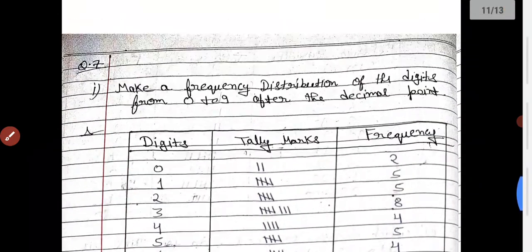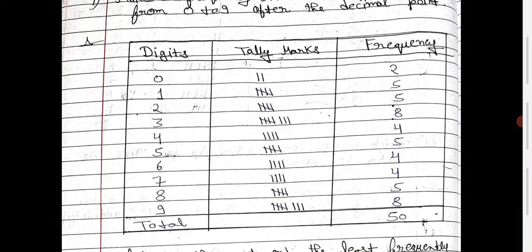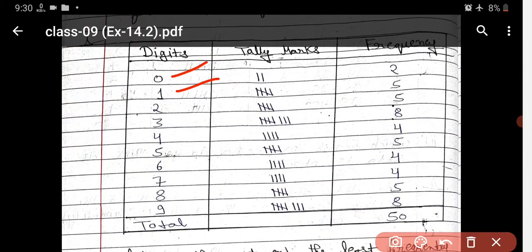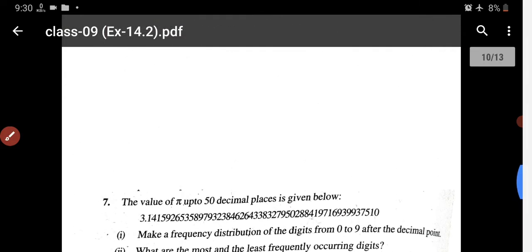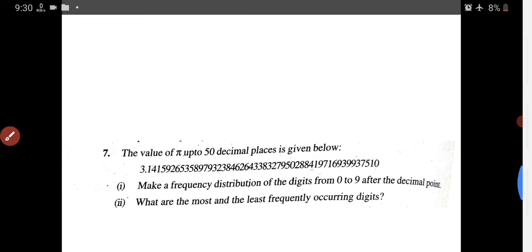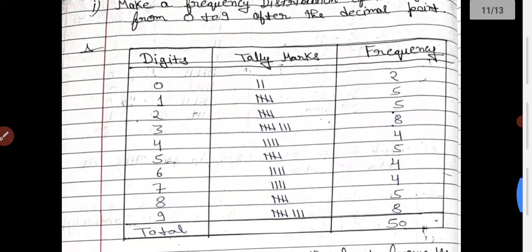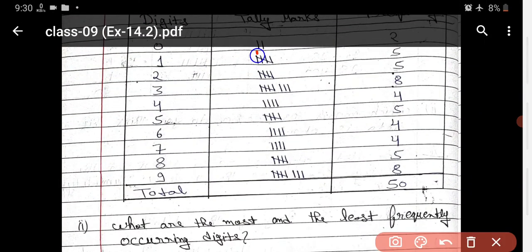Okay, now I will show you the table. First you have to write the digits 0, 1, 2, 3, 4, 5, 6, 7, 8, 9. Then the tally mark, and right here the frequency. Now just see, the first one is 1, 14159. So it is 1, 4, and then 1, and then 5, and then 9.